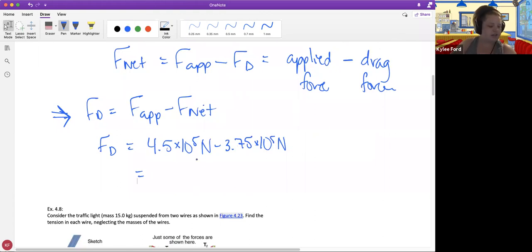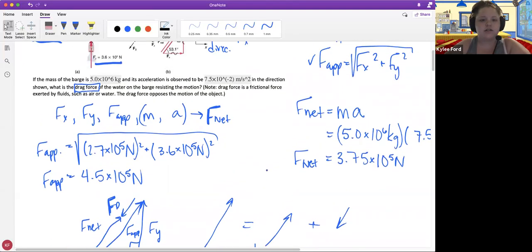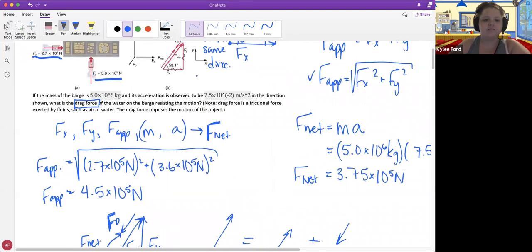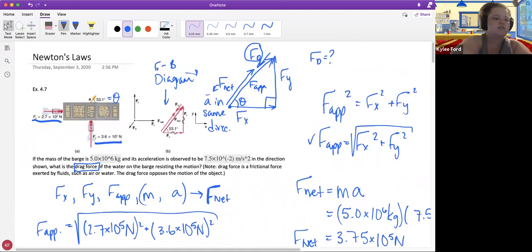Plug that into your calculator and you get 7.5 times 10 to the 4th newtons. So this is my drag force, caused by that water, resisting the motion of the barge.